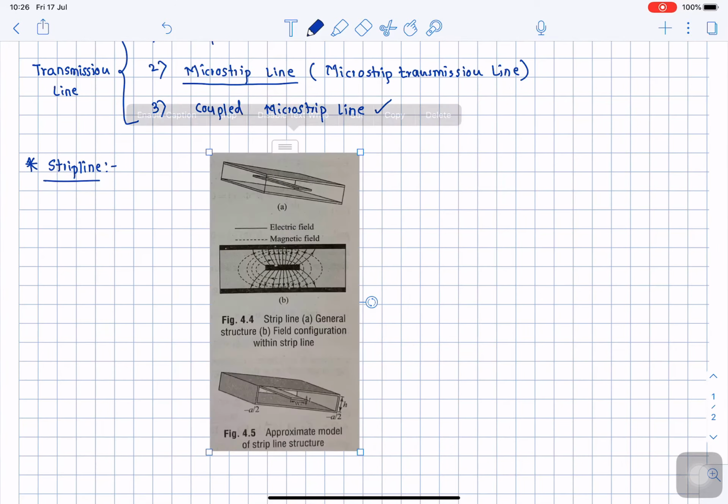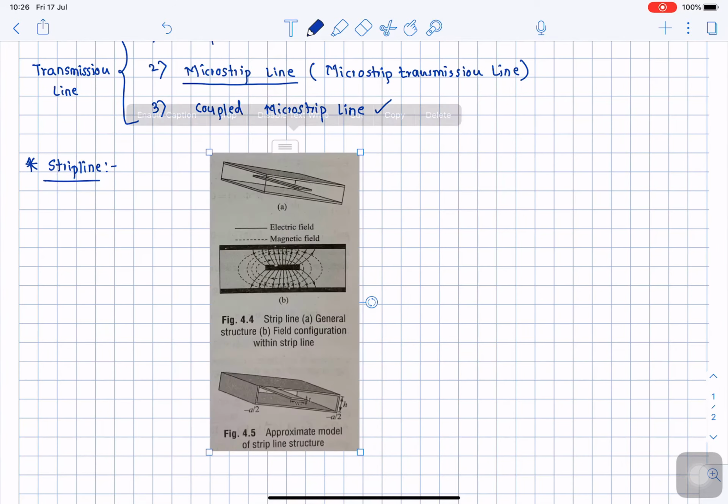I will make some different color. So the first diagram is a physical construction. Okay, so this is a physical construction.